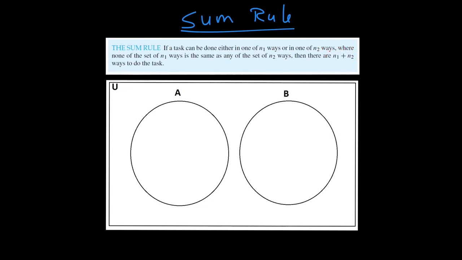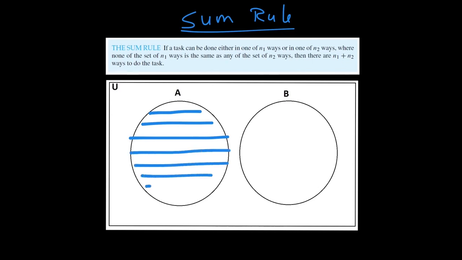You literally just add them up. So the way I want you to think about it, because this will be relevant in just a second, is we count the number of ways to do the tasks in A, represented by these horizontal lines, and there are n1 ways to do the things in A. And then we count the number of ways to do the tasks in B, represented by these red vertical lines.